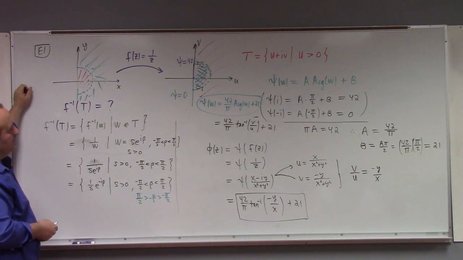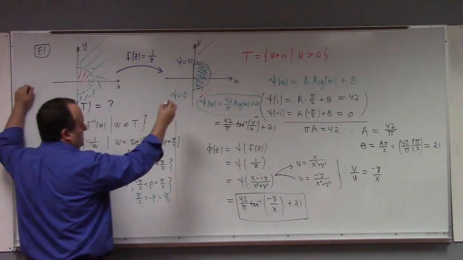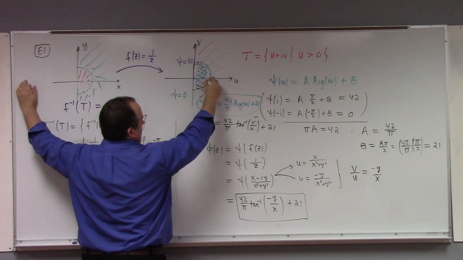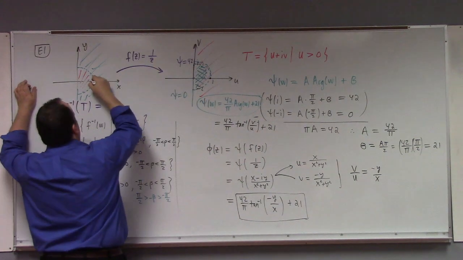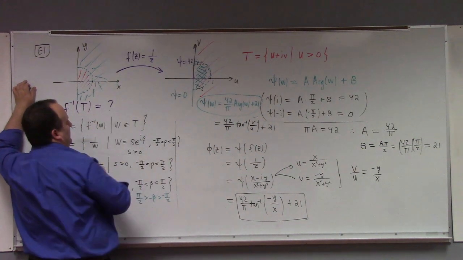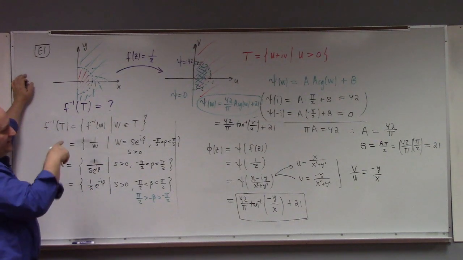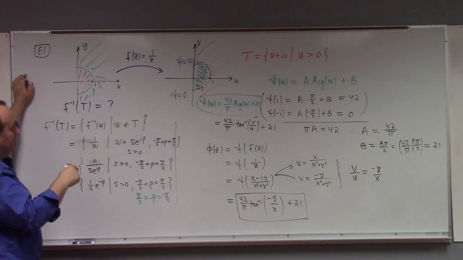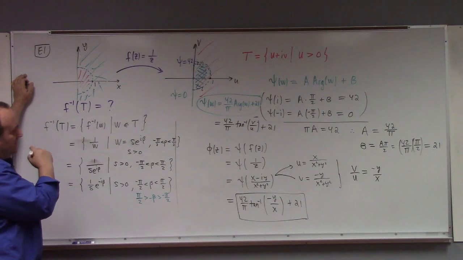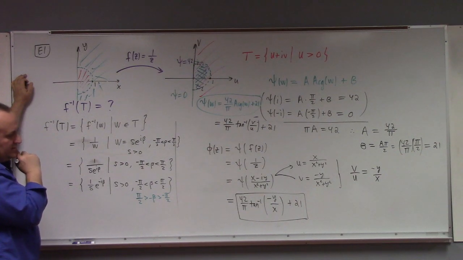I guess that makes sense. 1 maps to 1 under f. 1 over 1 is 1, and psi of 1 is 21, and phi of 1 is also 21.